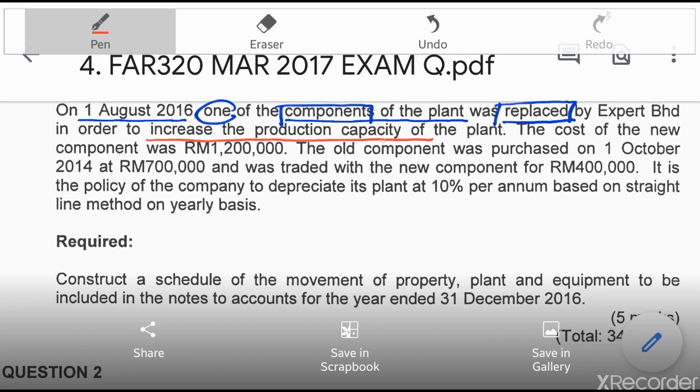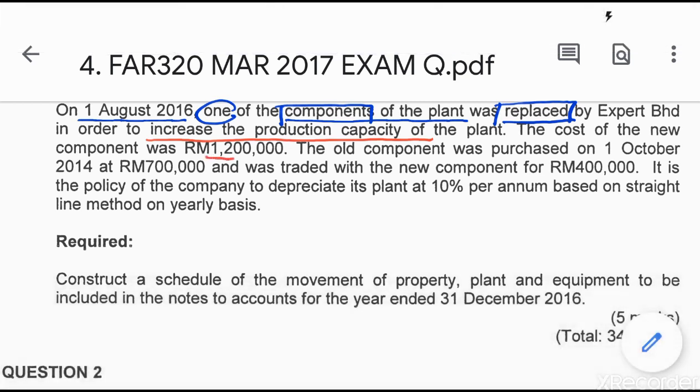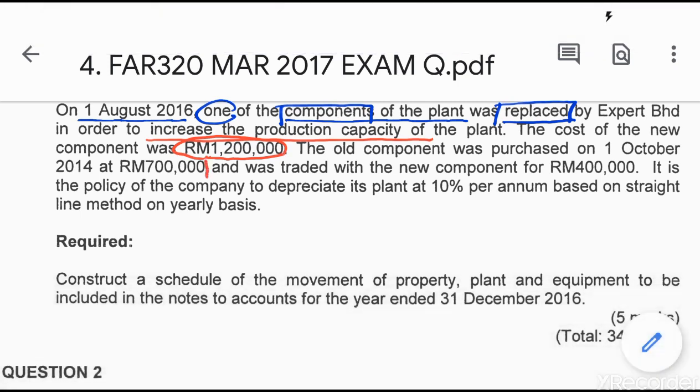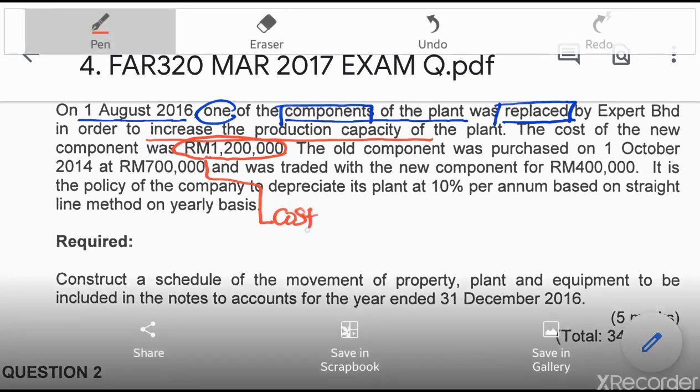And for that reason, the component that is being replaced with a new one was 1.2 million. That new component is actually to be added to the PPE. However, when I say added, I mean in the form of movement, that will be put under the cost section. So in the cost section, that is the movement of the PPE, you need to go and add to the cost section.